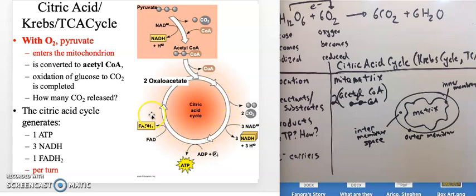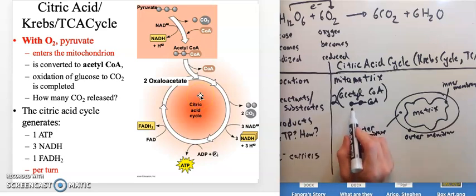And in this process, oxaloacetate gets recreated, okay? So that's why it's a cycle, because when acetyl-CoA reacts with oxaloacetate, it goes through all of these steps and it makes oxaloacetate again.